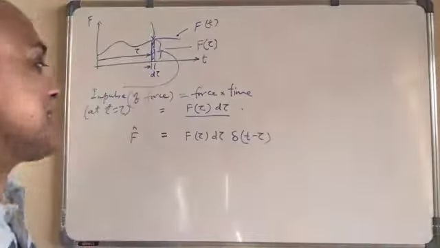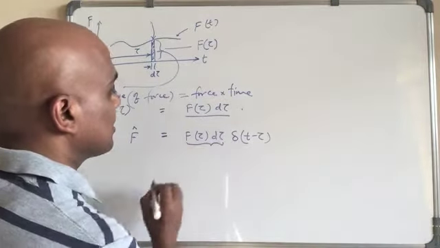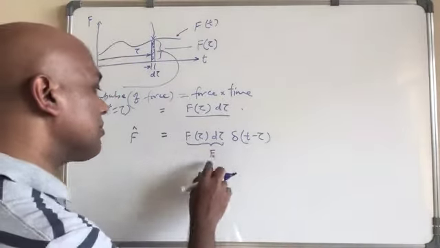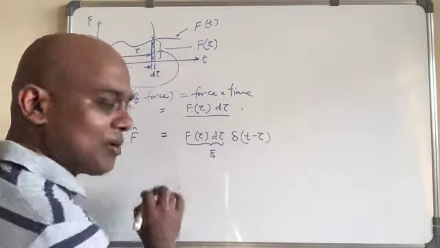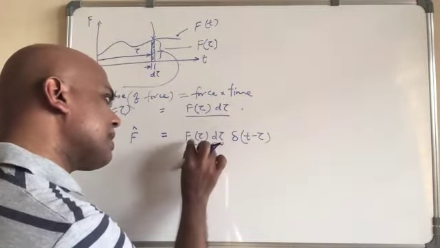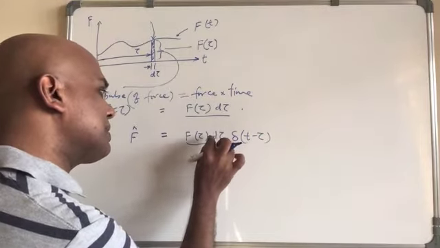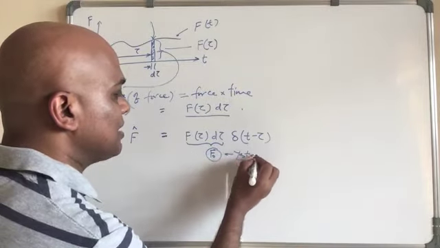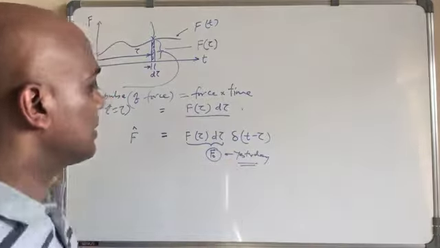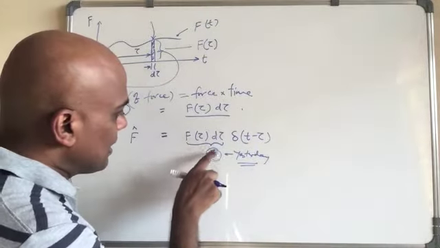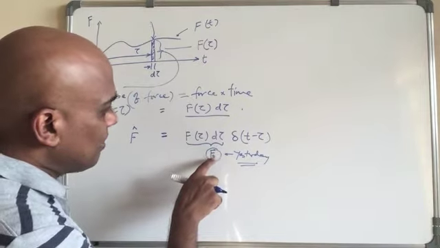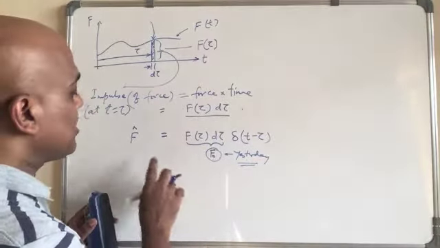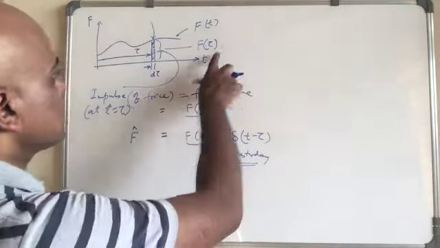The same notation we used yesterday, where we wrote it as F naught. Actually this is F at tau multiplied by d tau; this is the impulse. Yesterday we used F naught, but actually this is F hat.